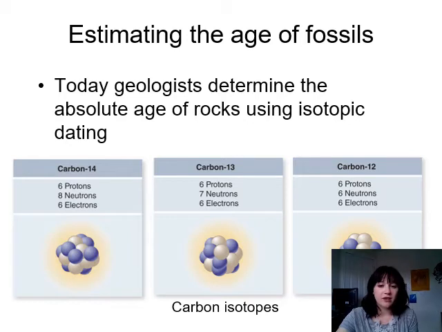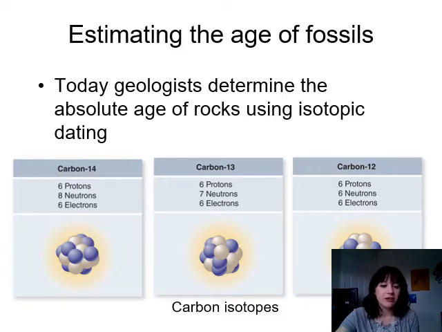And so we have, for example, for carbon, here's 3 different isotopes, 14, 13, and 12. And the isotope of carbon changes over a long period of time. So for example, we have carbon 14. The isotope is based on the number of protons and neutrons.